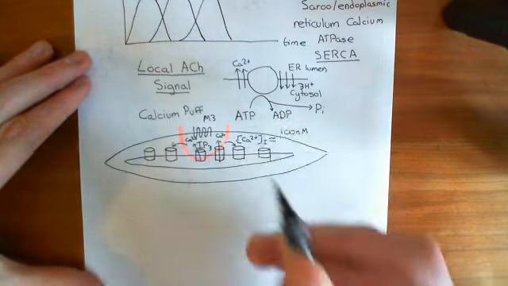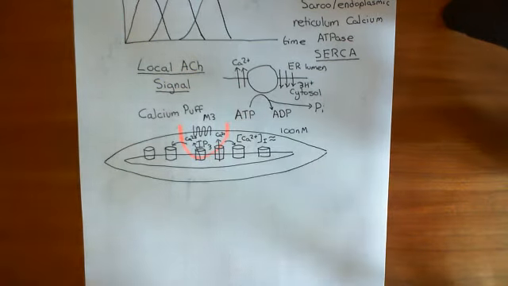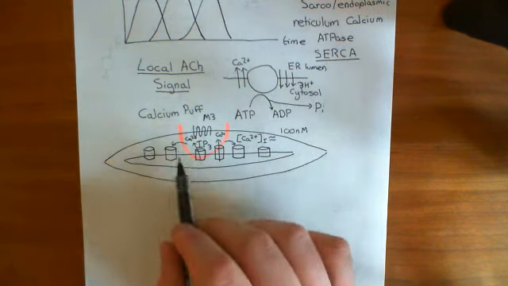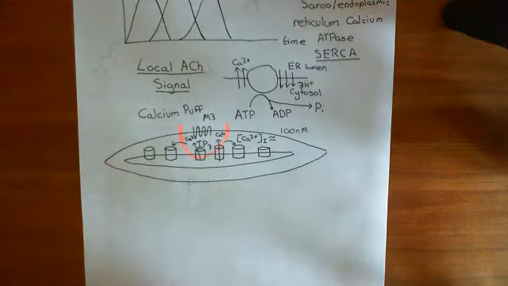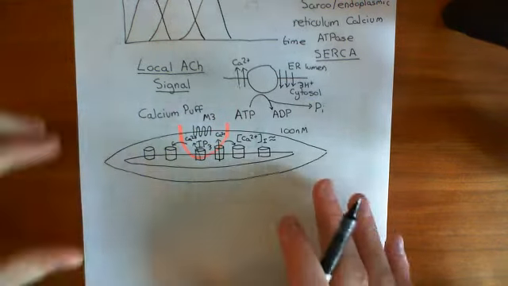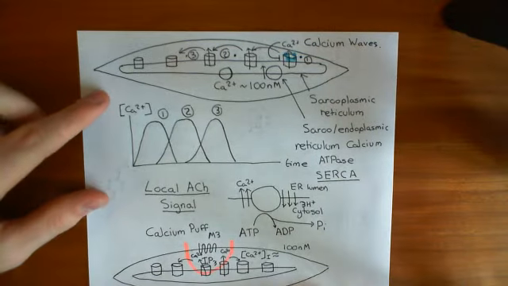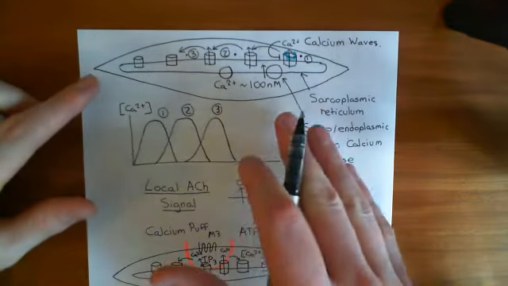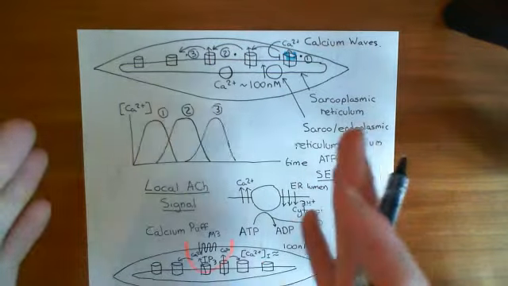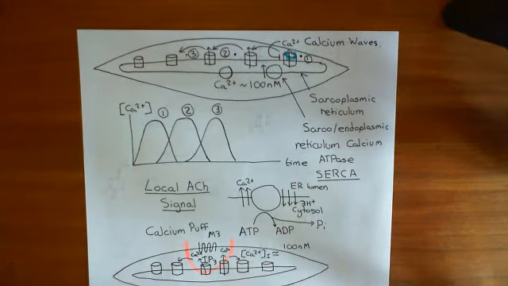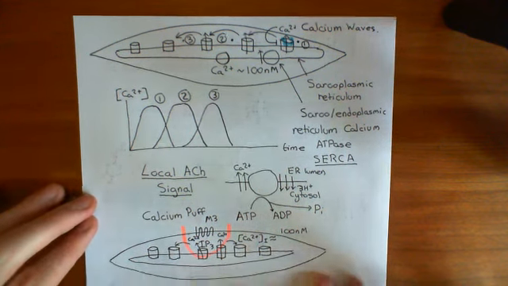Right. So that's what we're going to get if we have a local acetylcholine signal. We're going to get a local rise in calcium, basically. Okay, so global acetylcholine stimuli give rise to calcium waves across the cell, and the frequency of the wave then encodes the intensity of the acetylcholine stimulus.